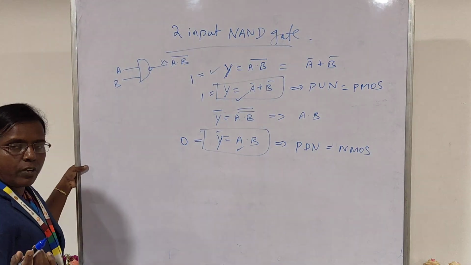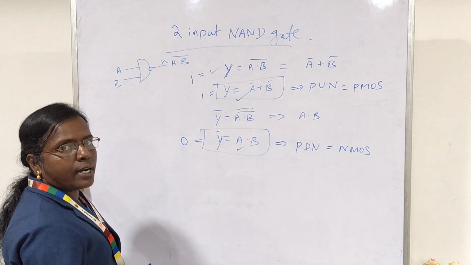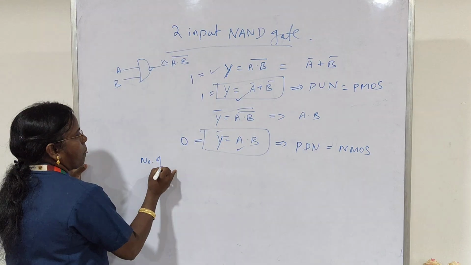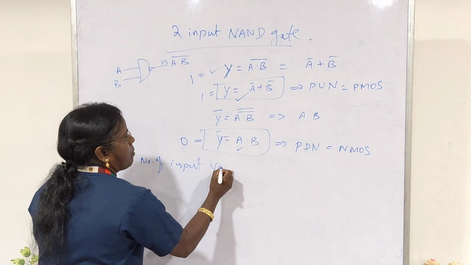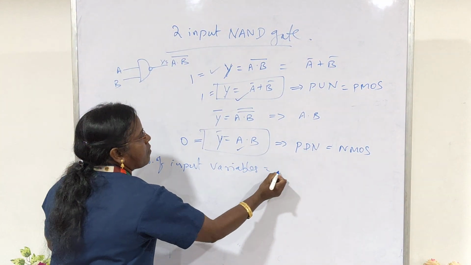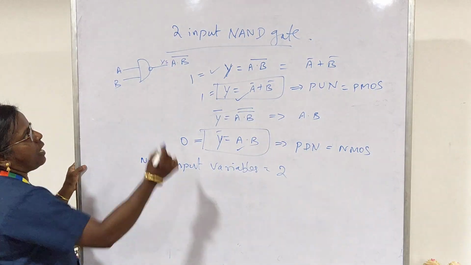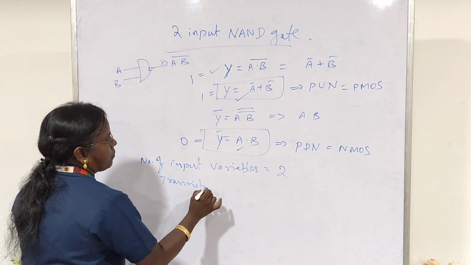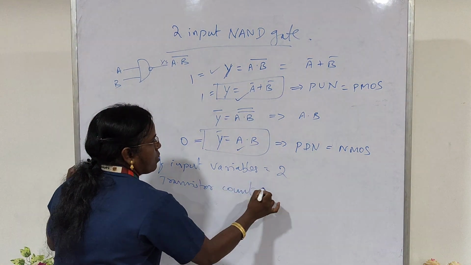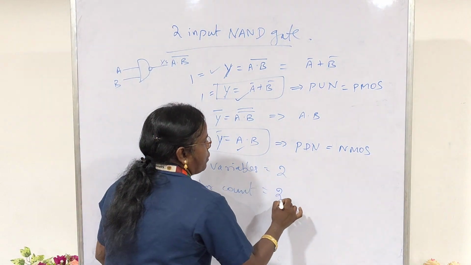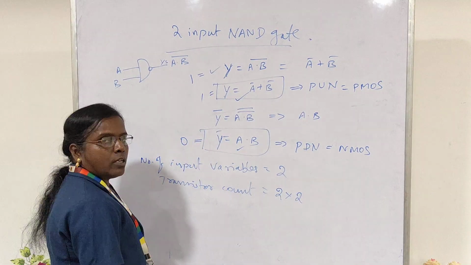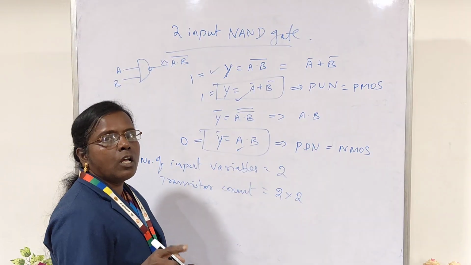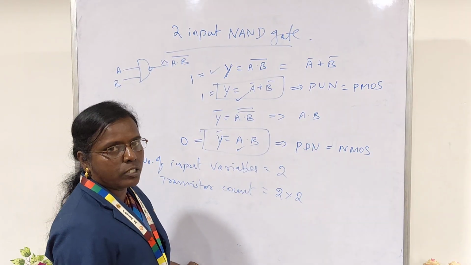Now, what's the relationship between the number of input variables and the transistor count? How many input variables do we have? 2 input variables, right? A and B. Then what is the transistor count? The transistor count must be 2 into 2. I said if n number of input variables are used in the CMOS logic, we should have 2n transistors.